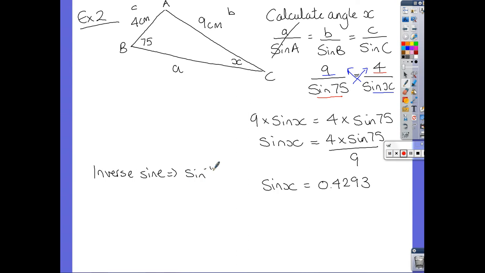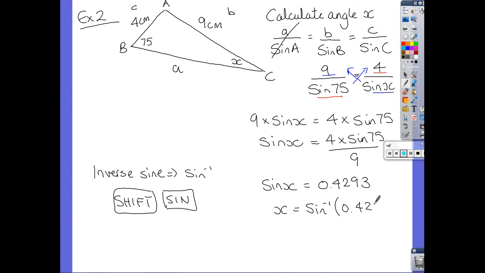And remember, that was the shift followed by the sine button on the calculator that gave us that. So we would have x is equal to sine to the minus 1 of 0.4293, which gives us 25.4 degrees to 1 decimal place.